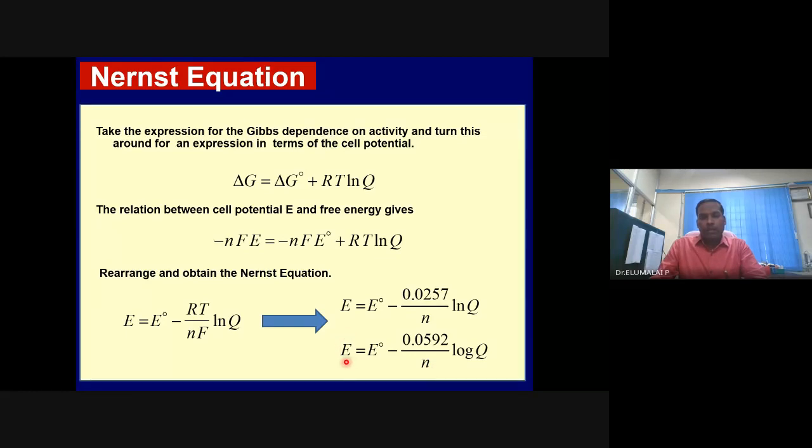So this E is the cell voltage at any condition, and E0 is the standard cell potential. Cell voltage at any condition, cell voltage at a standard condition. There are some standard potentials, we will talk about later. Like a standard free energy change, we have a standard electrode potential or standard cell potential. And this E is cell potential at any condition.